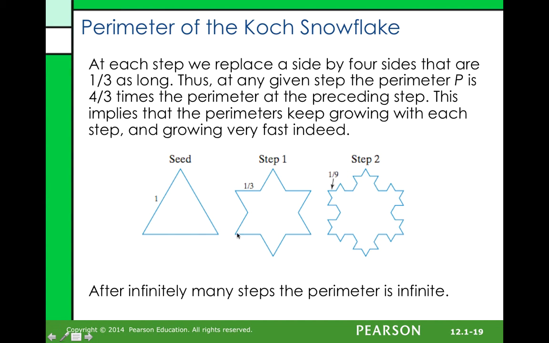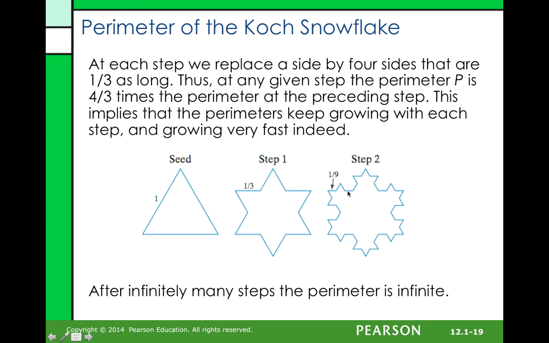Well, it's a third plus a third plus a third plus a third is 4/3. So this side length that used to be 1 has now turned into a crinkled edge with side length 4/3. Same for this, same for this. So here we have 4/3 plus 4/3 plus 4/3 is the new length.